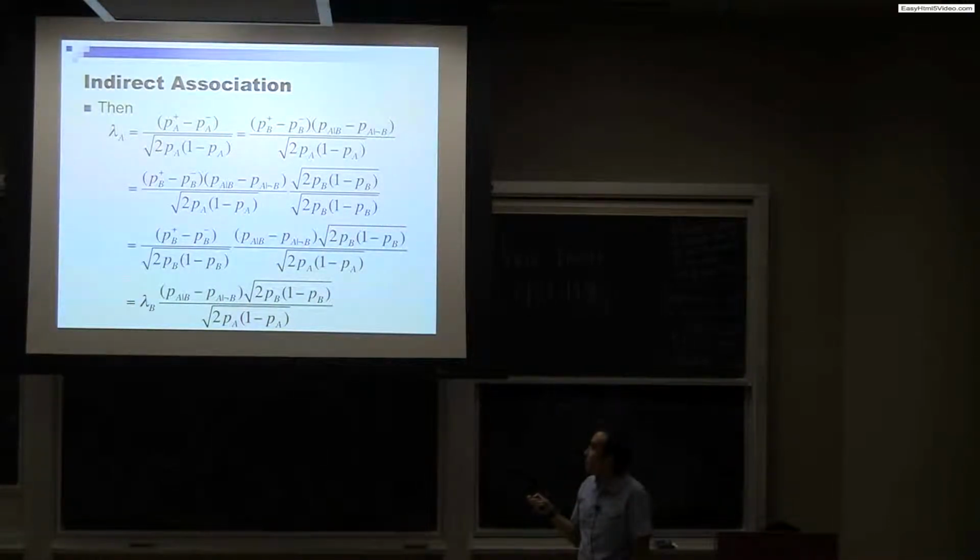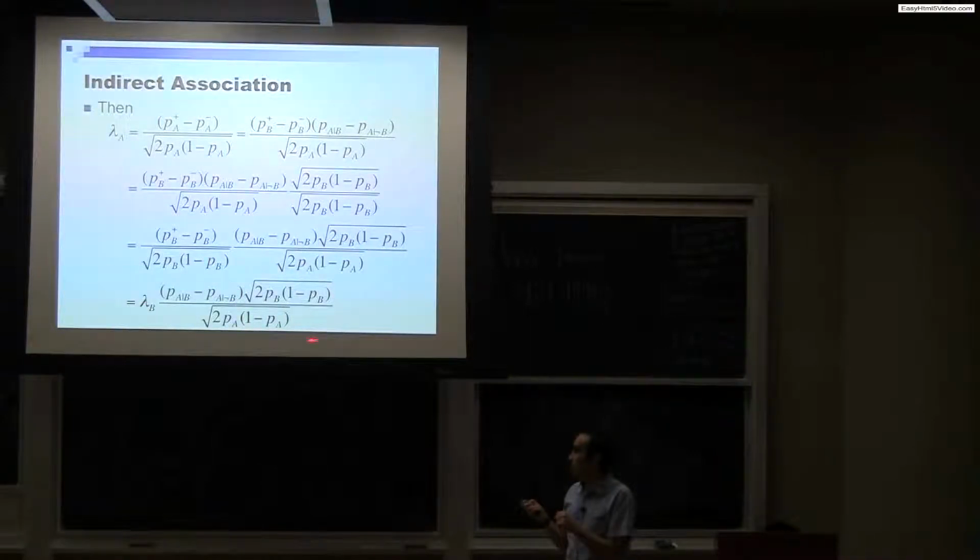And so what is this? This is lambda B. So what does this tell me? This tells me that if two SNPs are correlated, the non-centrality parameter at the one that's not the causal one is going to be the non-centrality of the causal one times this kind of factor here.